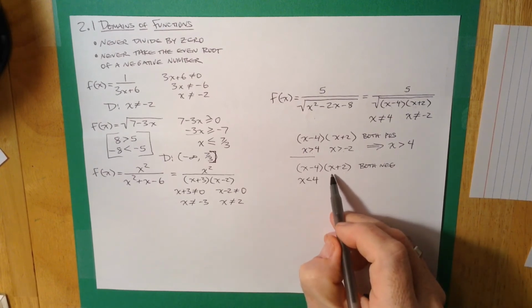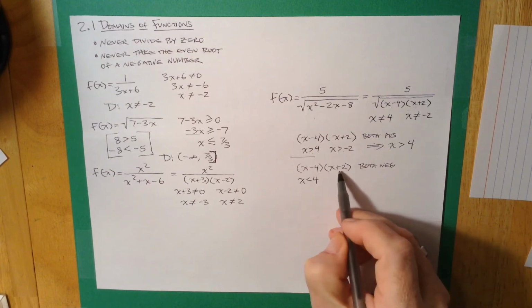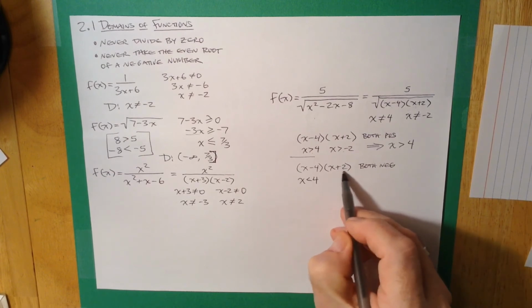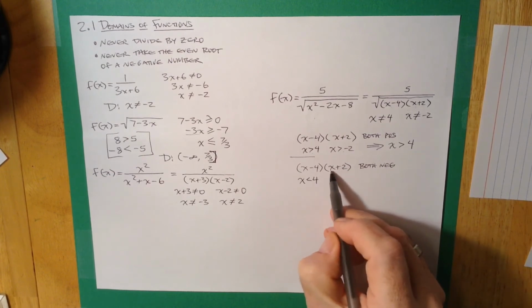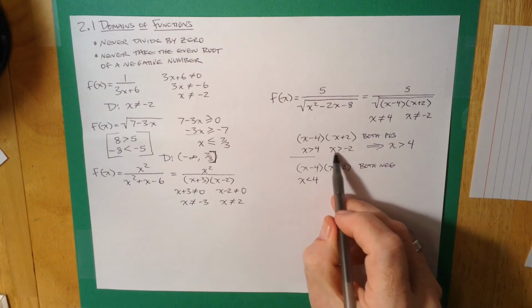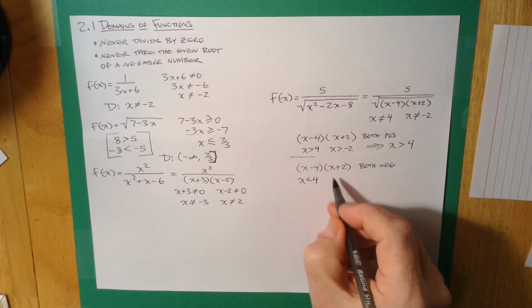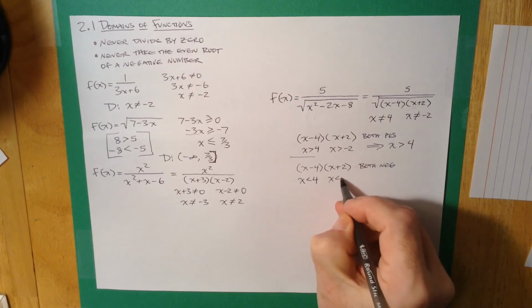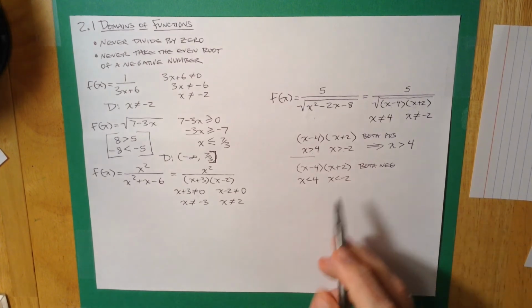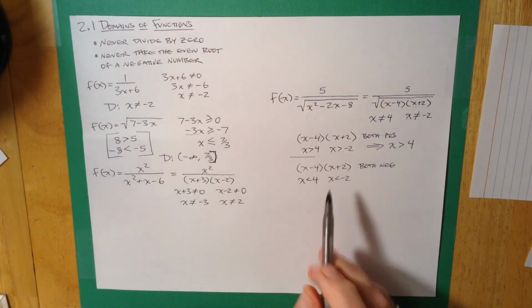Now, on this side, how can we be sure that this is negative? Well, if it's greater than -2, it's going to be positive. So if it's less than -2, it's going to be negative. Now, look what's happening on the other side.